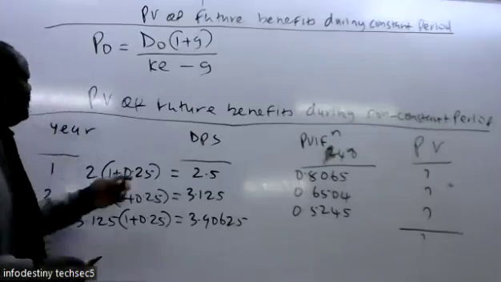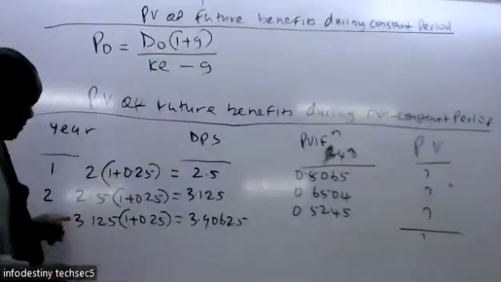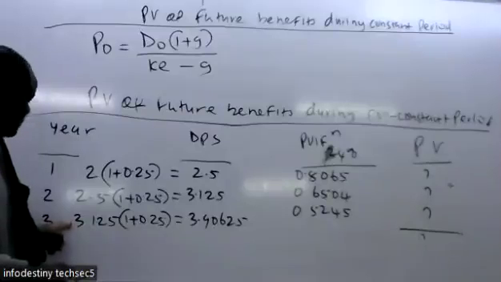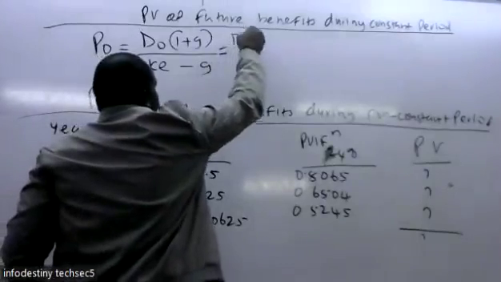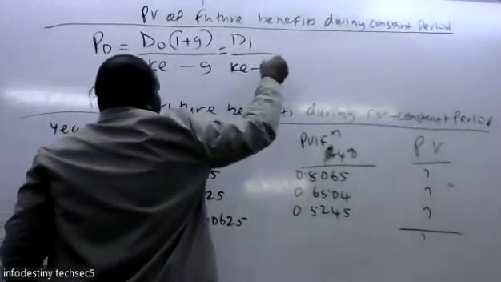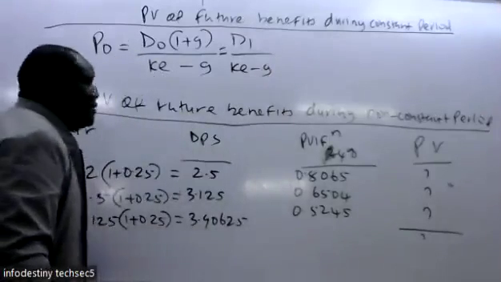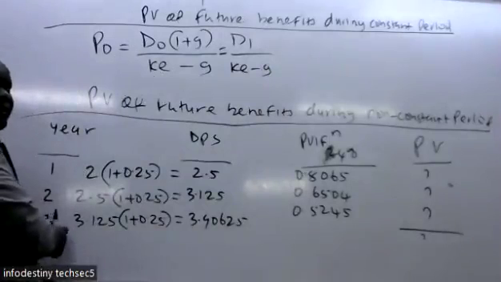So you see this particular D0. It should be the dividend for, because it is equal to D1. This is the same as D1 divided by Ke minus g. Our D0 is the dividend in year 3.